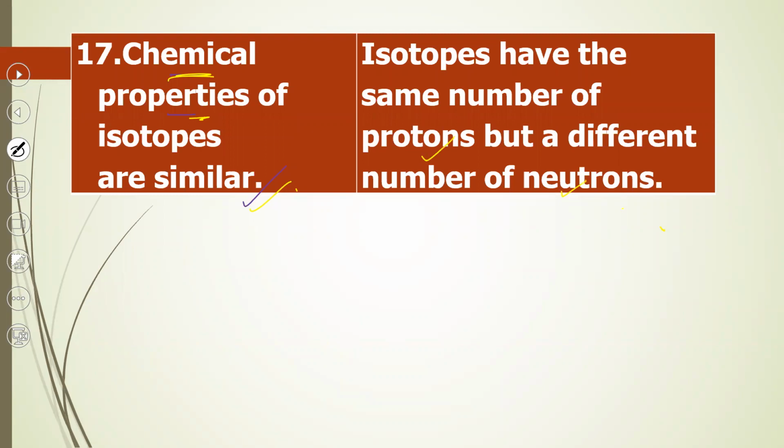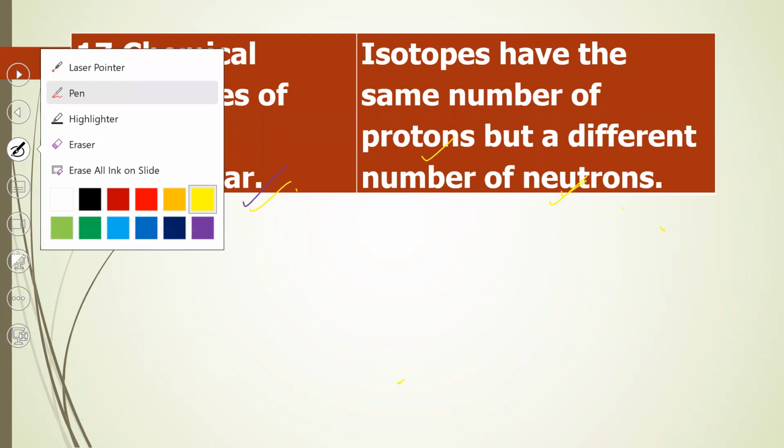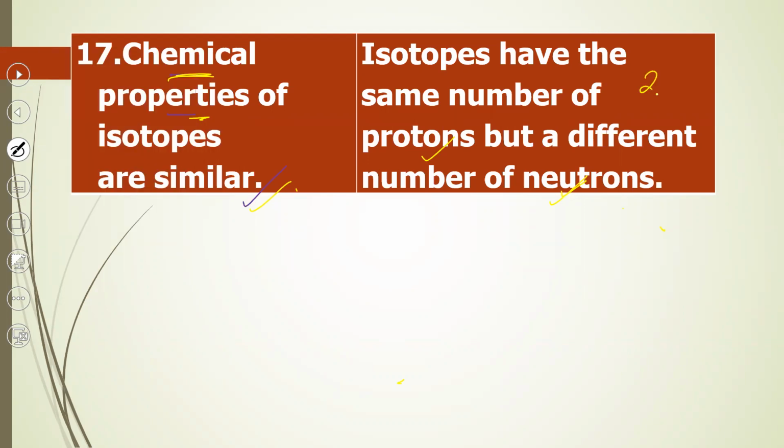Yes, that's also correct. But it is not matching. The real reason is the same electron configuration, as I told you. That should be the reason. Electron configuration only changes the chemical property. So the answer is the second one for this.